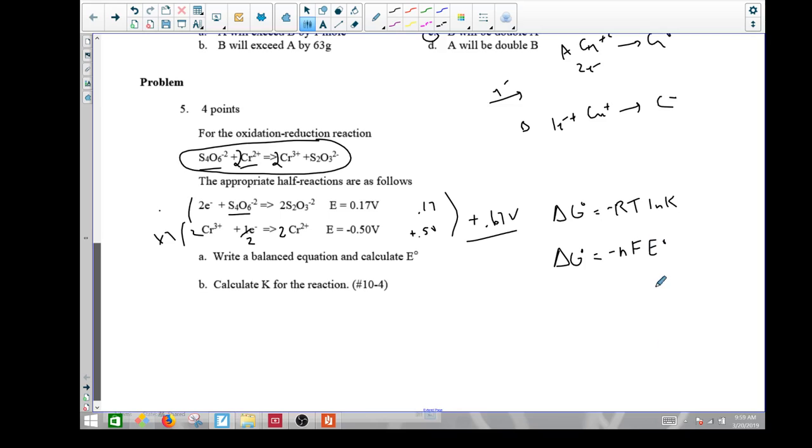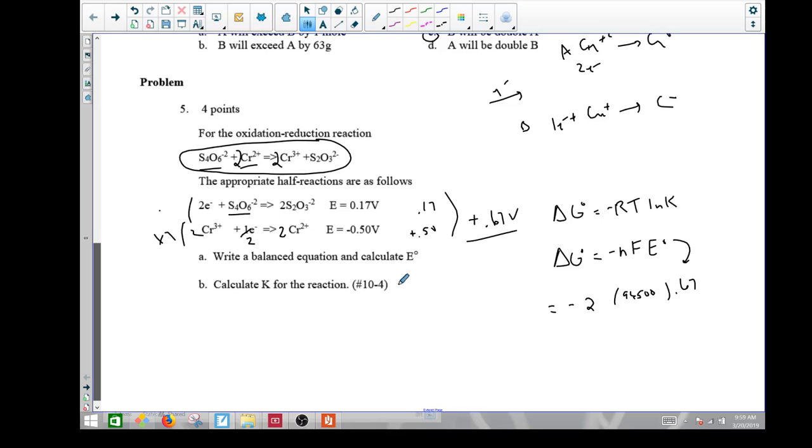This electric potential is 0.67. Faraday's constant is 96,500. Number of electrons total is 2. So this is going to give me my delta G prime. I'm running off of this equation right here.